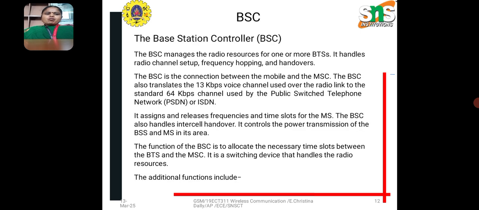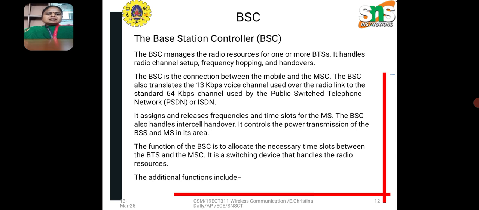Now the base station controller. We have many radio receivers, and it handles radio setup, frequency hopping and handovers. The BSC is the connection between the mobile and the MSC, and it also translates for use by the PSTN or ISDN.